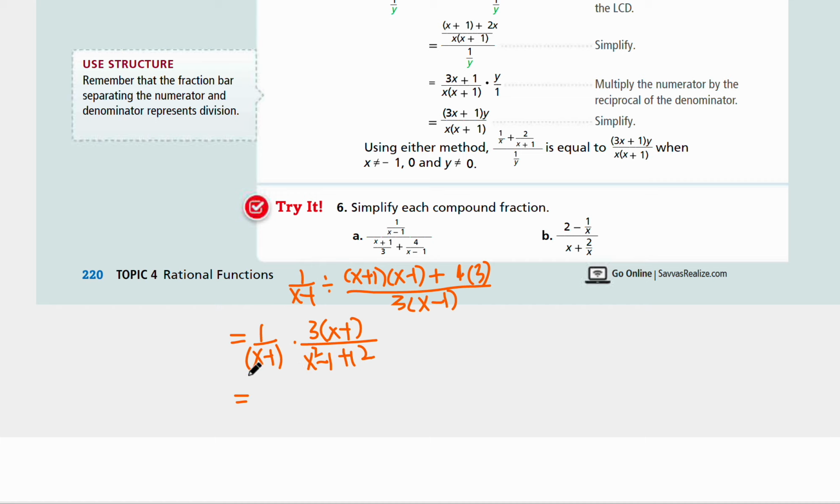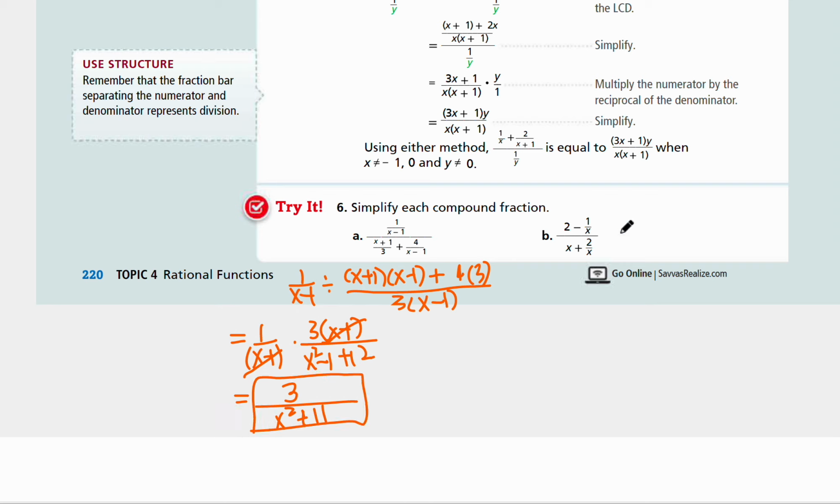Oh, before you simplify, you can also cross this out, right? And then you have 3 over x squared plus 11. And that's it. You can't simplify any further. So that's our final solution for part A.